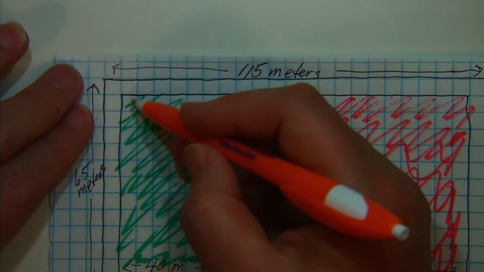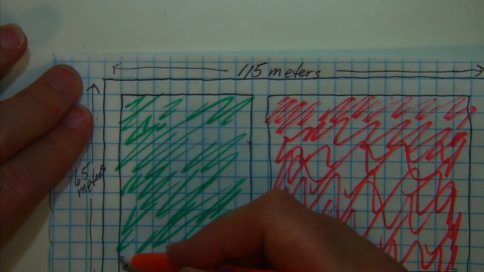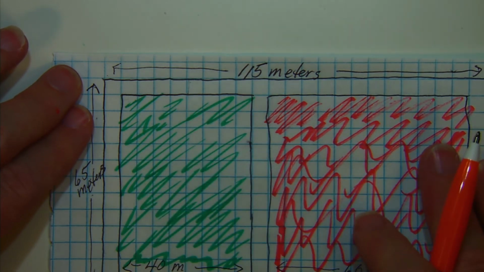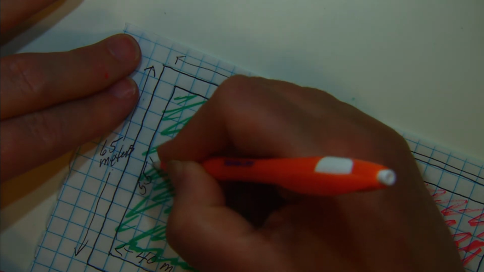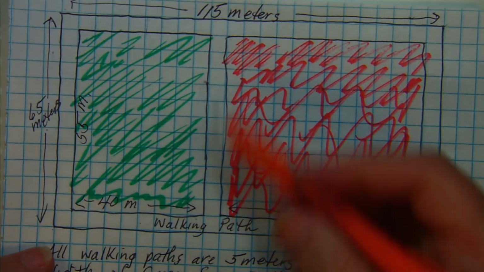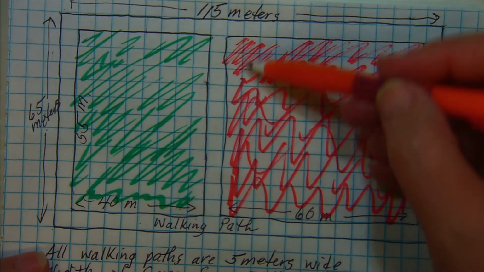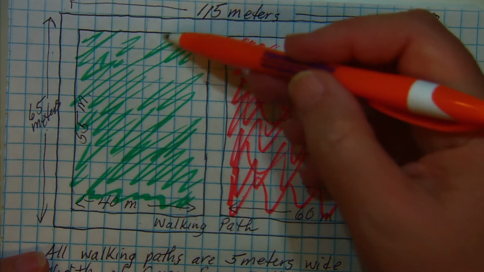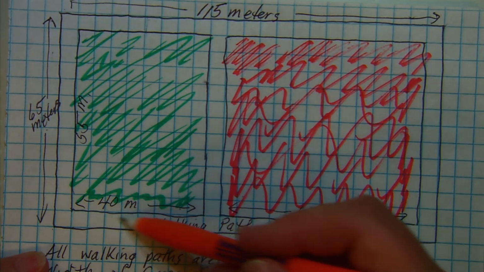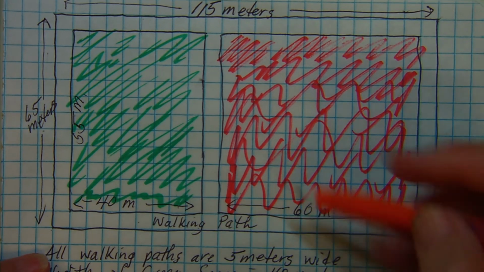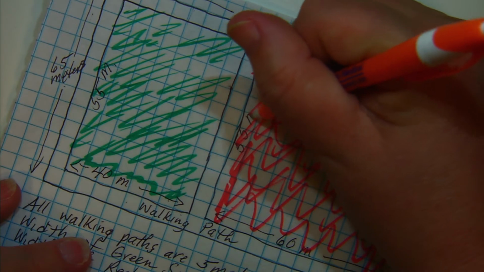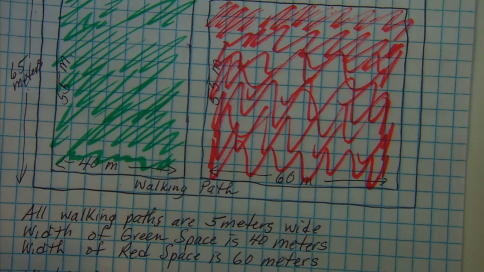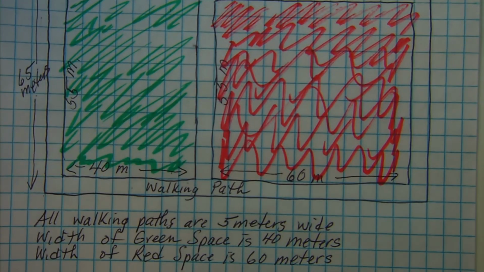So the length of the green space is 55 meters. Okay, I can do that. And if the length of the green is 55, then the length of the red has to be the same because they are lined up parallel to each other. They have similar lengths. So we'll do 55 here. And then I think we are ready to go for math.